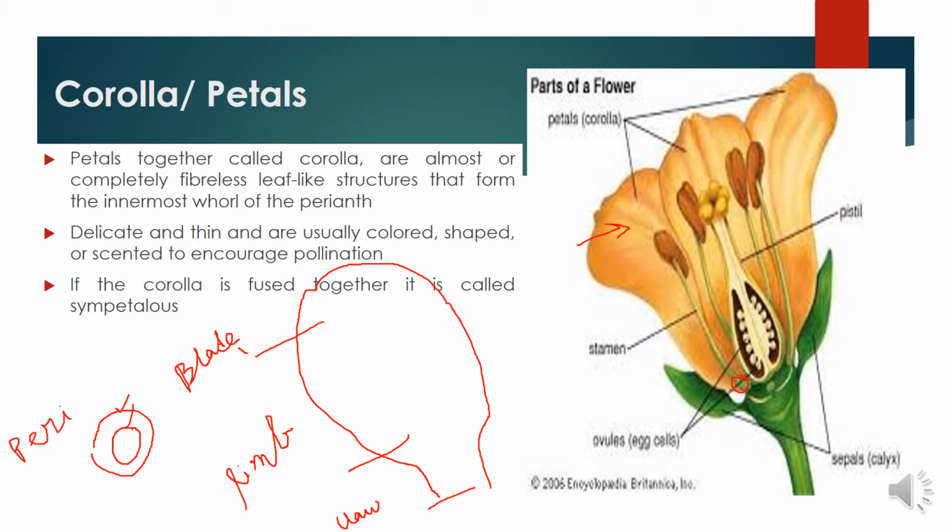Each member of the perianth is called a tepal. In the outer calyx, each member is called a sepal, and in the inner corolla, a petal, but if they form a single layer, a perianth, then each is called a tepal.